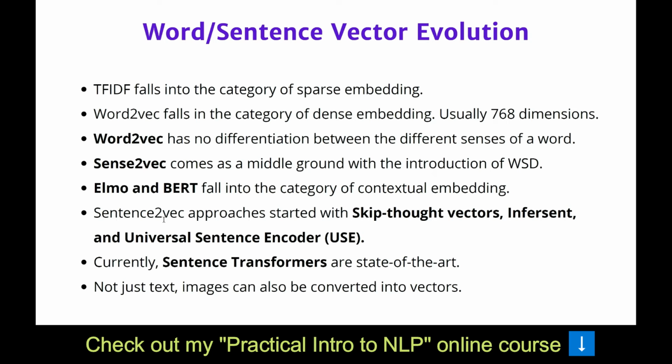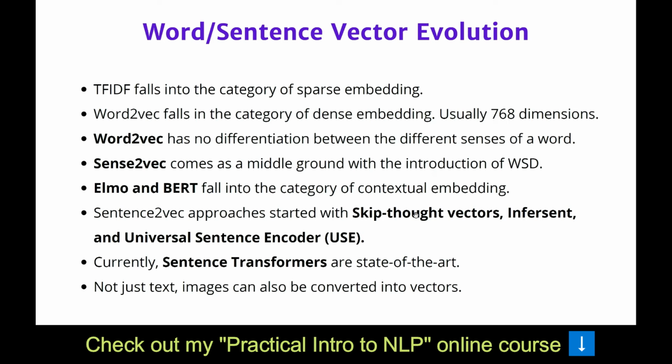So in order to solve that, several algorithms like skip thought vectors, InferSent, and Universal Sentence Encoder came into existence, which, instead of dealing on a word level, directly deal on a sentence level to give a unique vector for the whole sentence such that similar sentences are closer together.